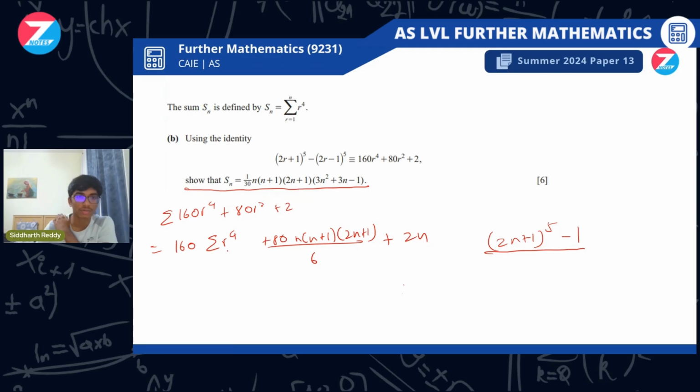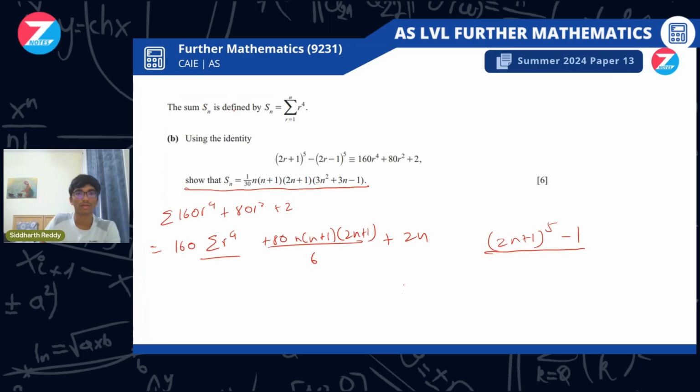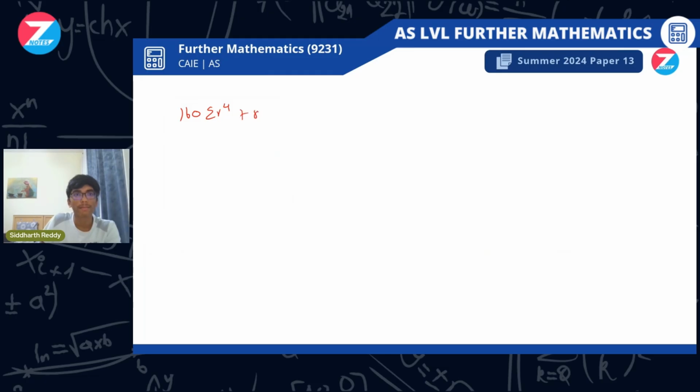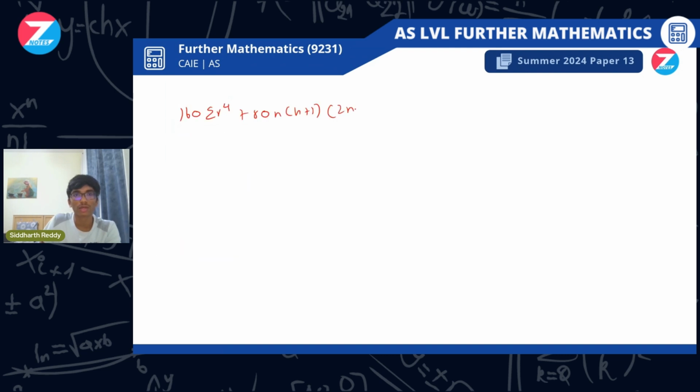So now all we need to do is just isolate this part. We'll do that on the next slide. So we have 160 times the sum of r to the power 4 plus 80 times n(n+1)(2n+1)/6 plus 2n is equal to (2n+1)^5 minus 1.